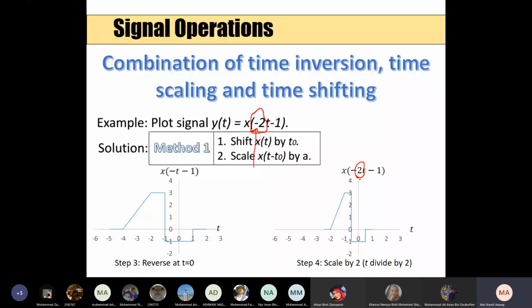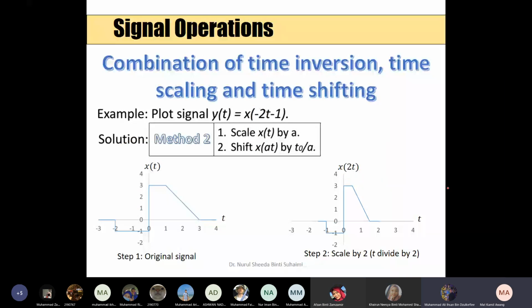If the magnitude is greater than 1, what happens? It compresses. If the magnitude is less than 1, it expands. The minus sign in front indicates the inversion, the reversal. So this is the reversal, the inversion first. Then you do the scaling.